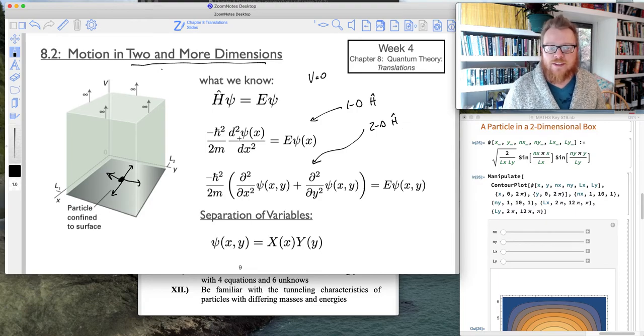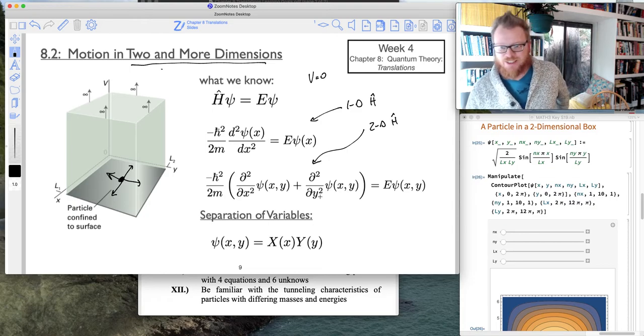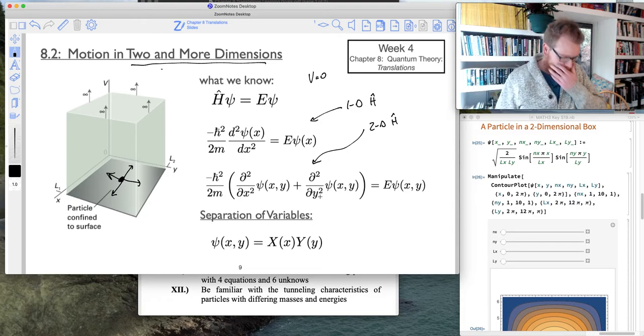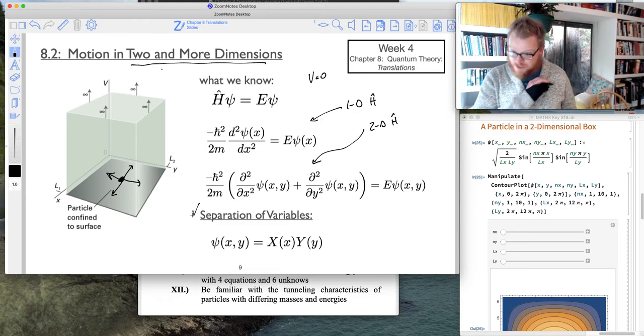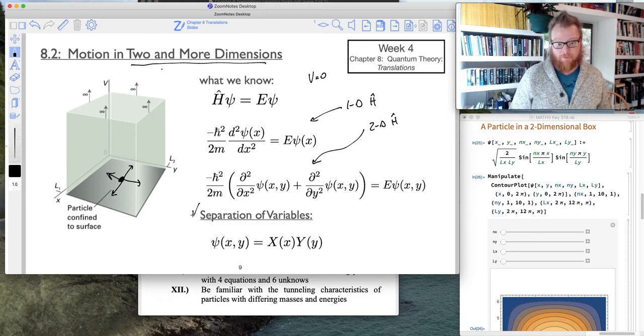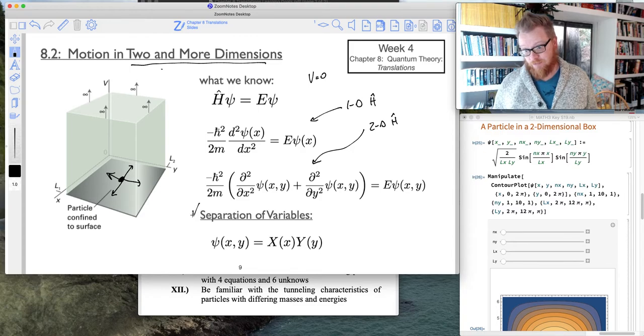Where now, instead of having d dx squared, we have partial of x squared and partial of y squared to reflect those 2 different dimensions, okay? And there's another important technique that we can do, called the separation of variables, okay? That's how we're going to do this problem.